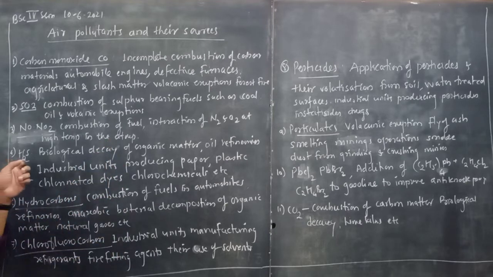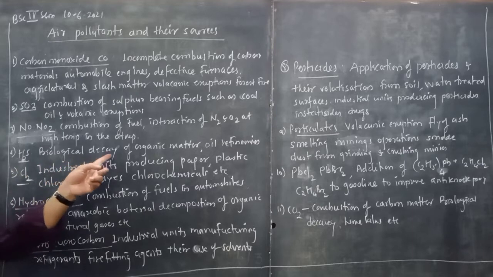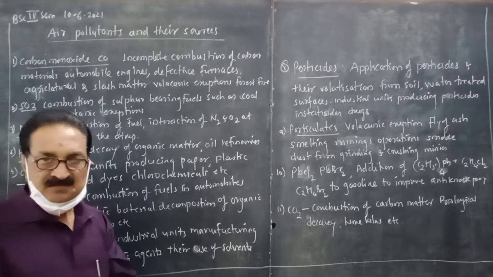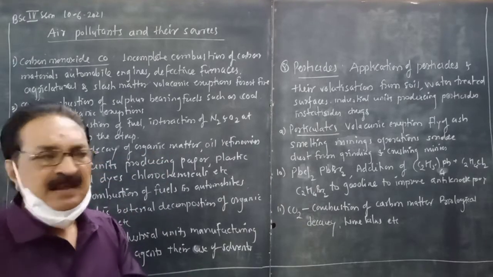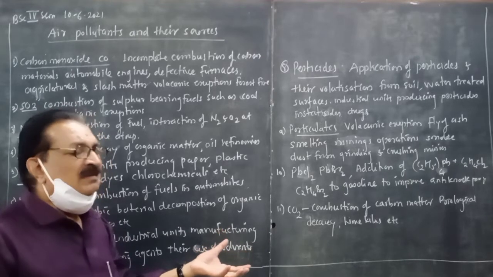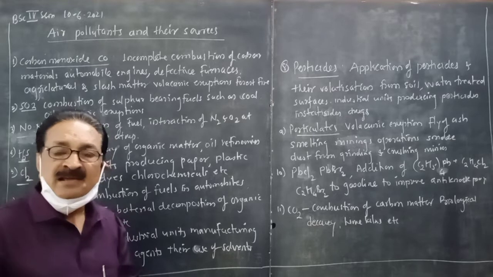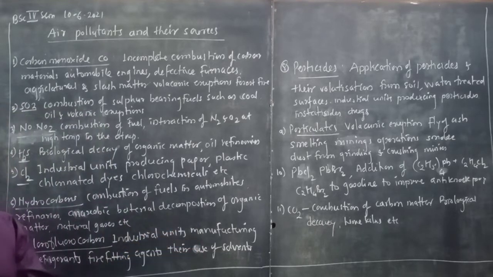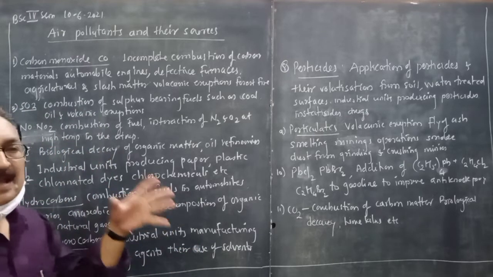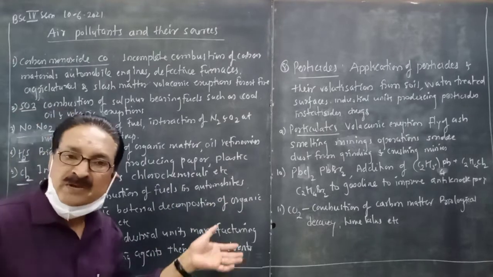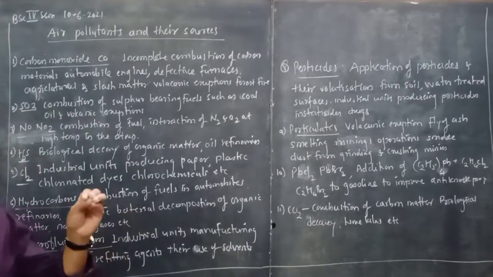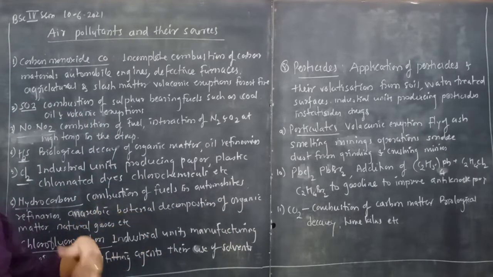The fourth one is hydrogen sulfide. This hydrogen sulfide enters the atmosphere by biological decay of organic matter. You can take any organic matter, the best example being a dead body or any fruit. If it is exposed to the atmosphere, due to the chemical interaction of the atmosphere and the components present in the fruit or dead body, what happens?